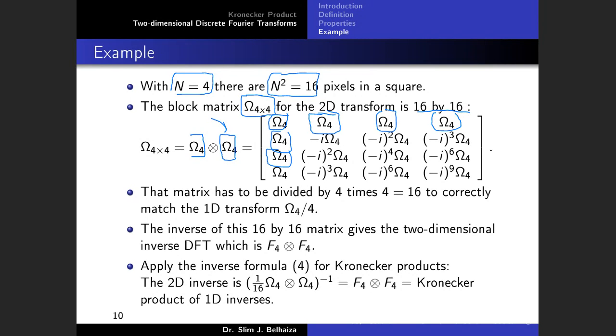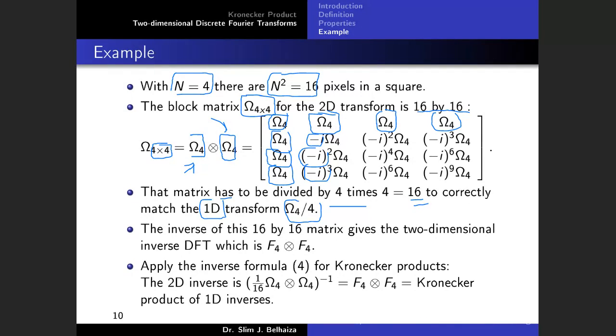Then you start multiplying every entry in the first omega 4 by omega 4 itself. So you get minus i squared, minus i cubed, and as follows. This is omega 4 by 4. That matrix has to be divided by 4 times 4, so by 16, to correctly match the 1D transform, which is omega 4 divided by 4.